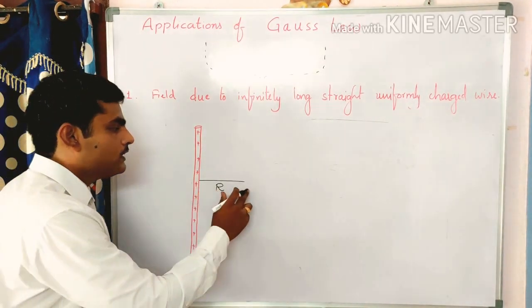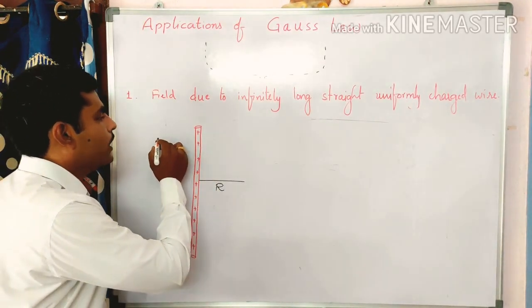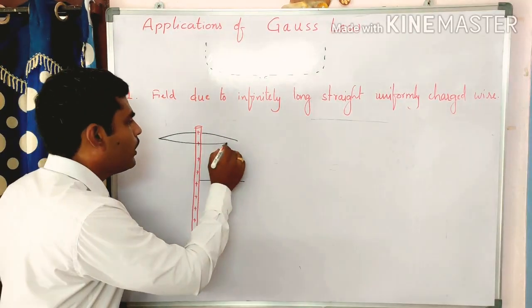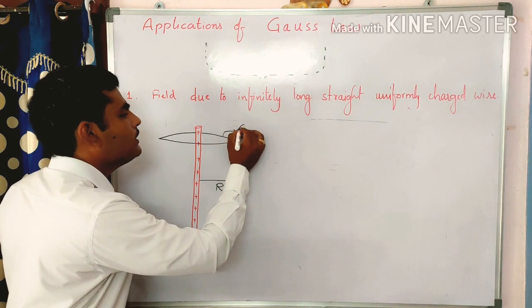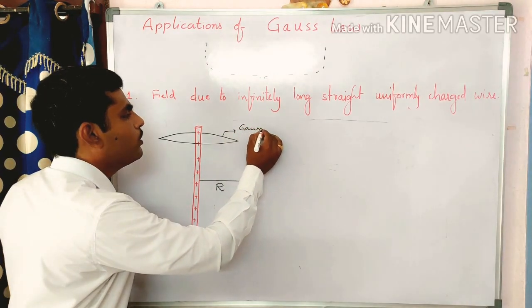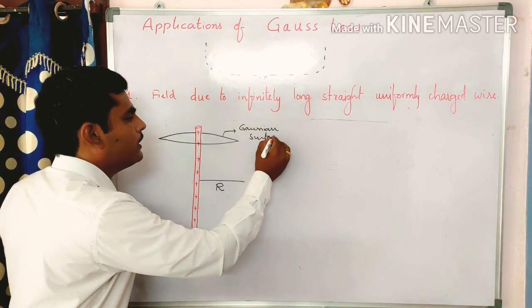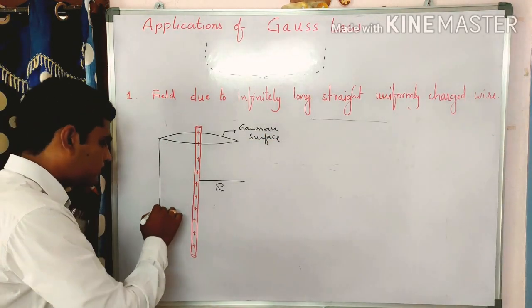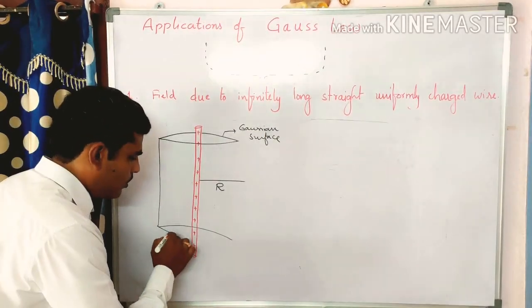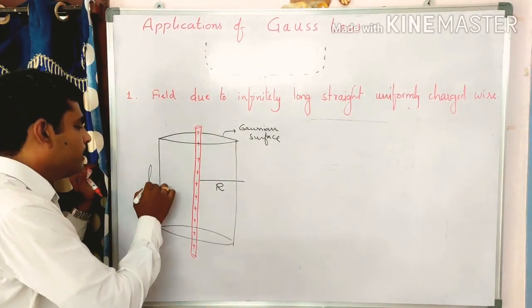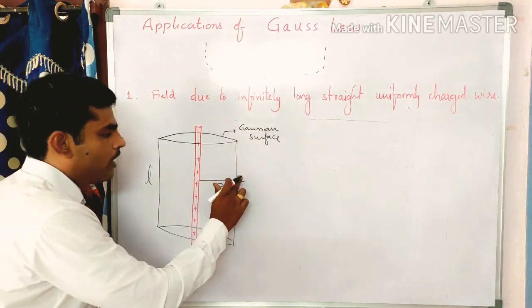So at a distance r, I have to imagine a surface. This is the Gaussian surface which I am going to draw now. I am taking a length L from this infinite length, and r distance.